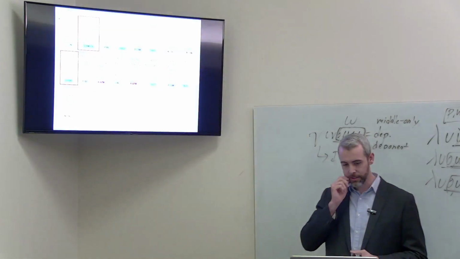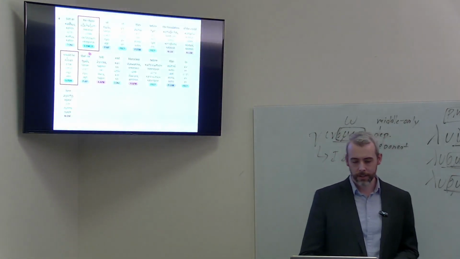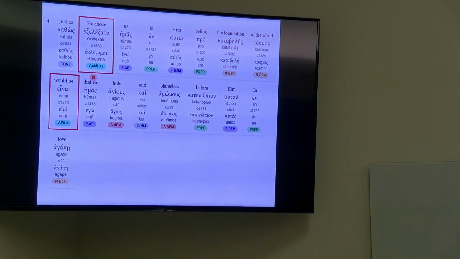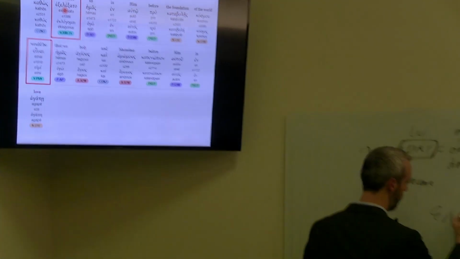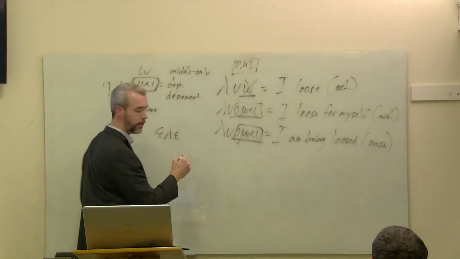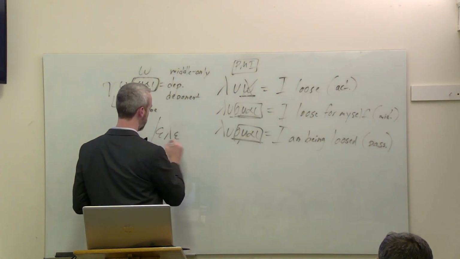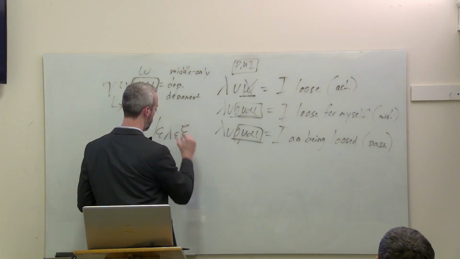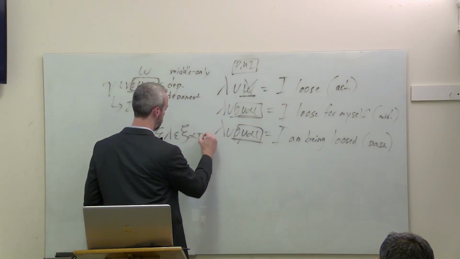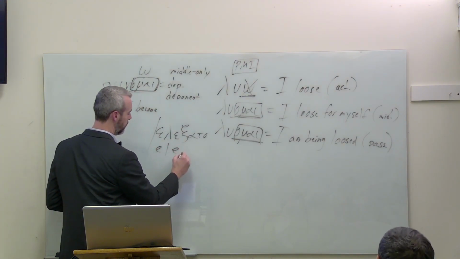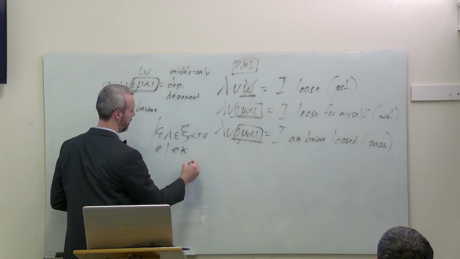Now, bringing us to verse number 4. Notice here we have "just as," and then he chose, or he elected. Notice this: E-L-E-K.